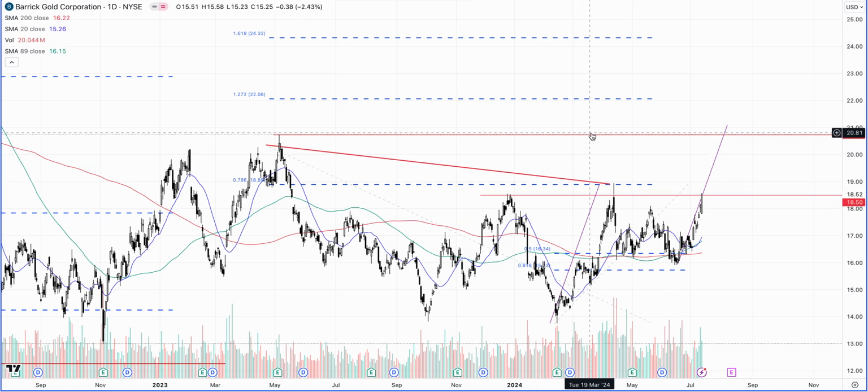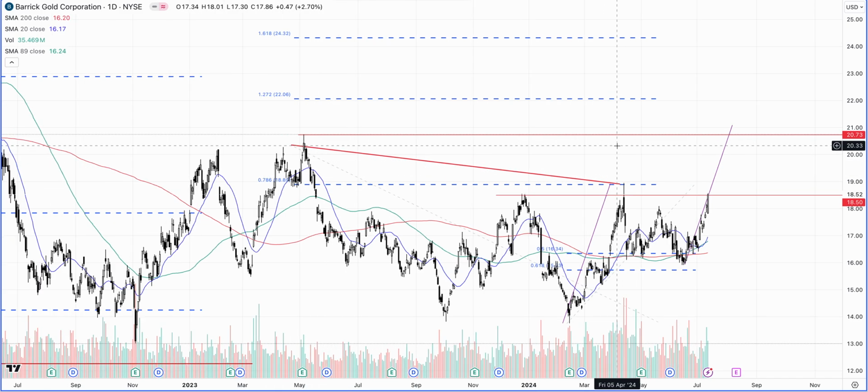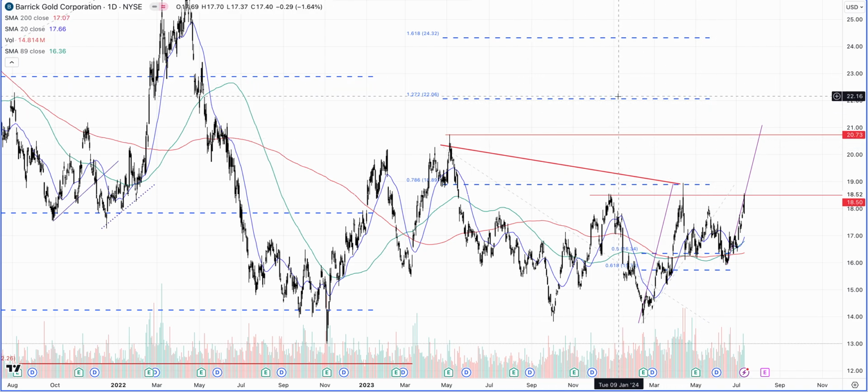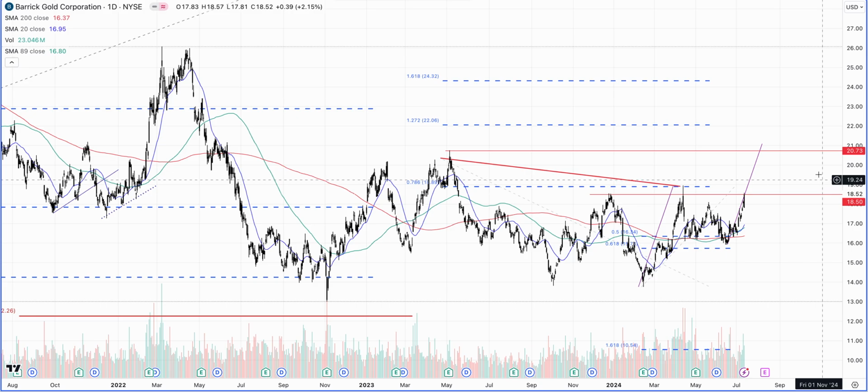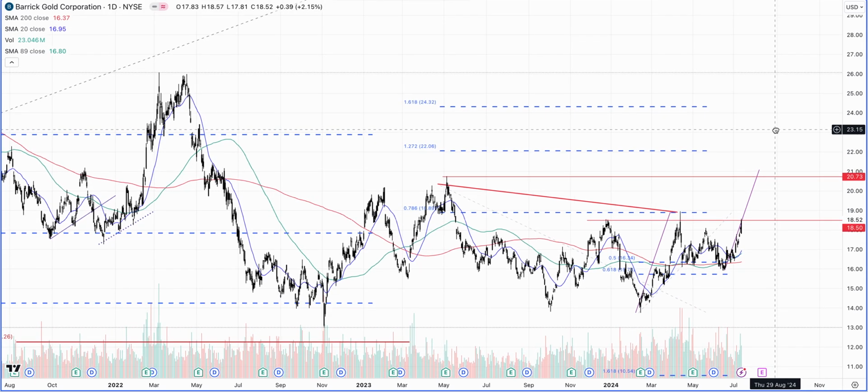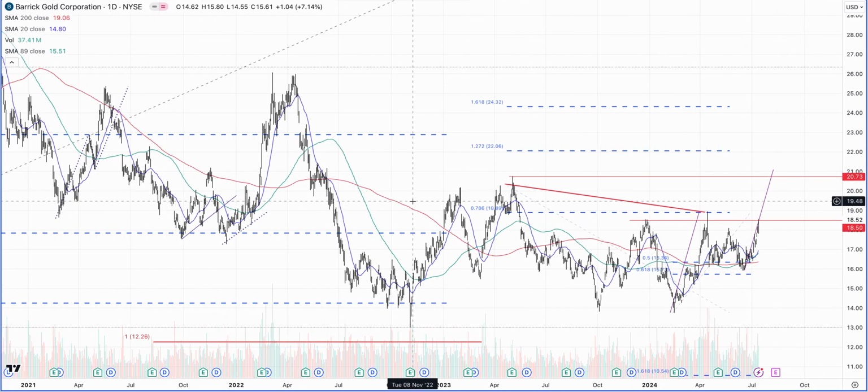So we can actually challenge this $20, which was the highs coming in from 4th of May 2023, but easily it can get up to the 22, 24, which is the 1.272 and 1.618 expansions.